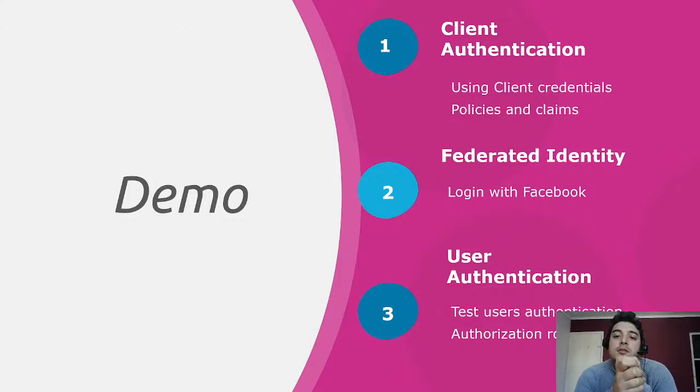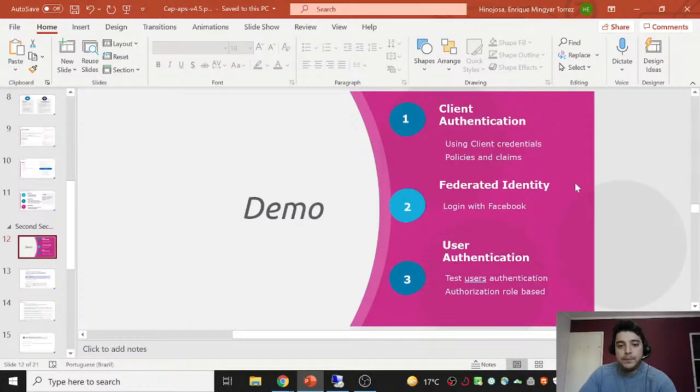The second one will be the federated identity, where we will log in with Facebook, which is a third-party identity provider. And finally, we will do a user authentication, and for authorization, we will do a role-based authorization.